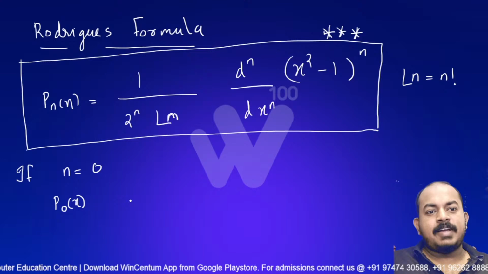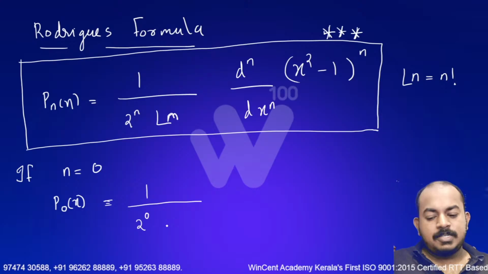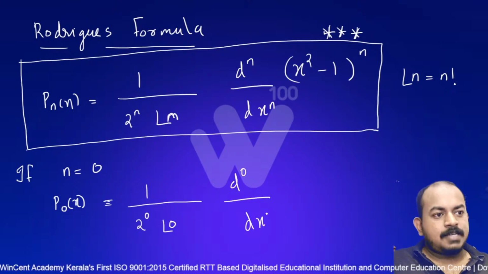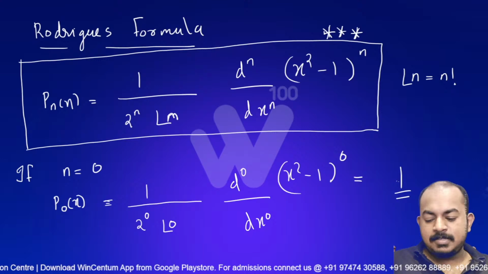We will get 1 upon 2 to the power 0 divided by factorial 0, d raised to 0 divided by dx raised to 0 into (x square minus 1) raised to 0. So all these things become 1. So we got p naught of x as 1. Okay, p naught of x is 1.